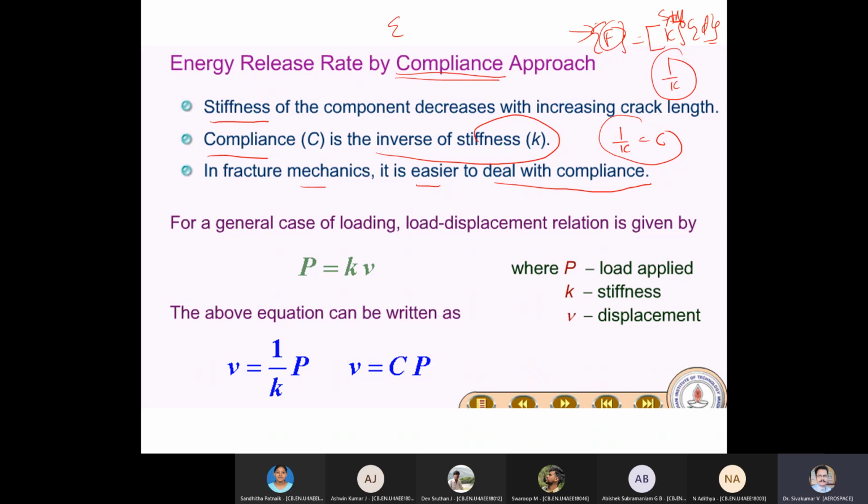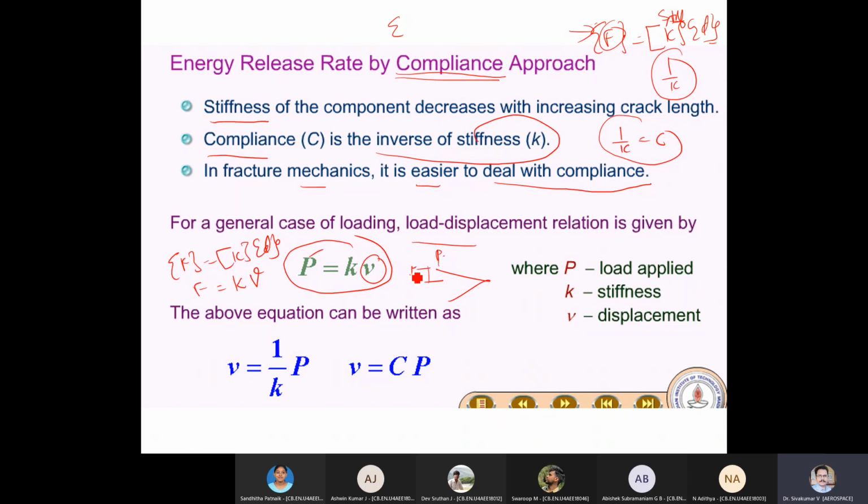Okay, right. In general, this is the equilibrium equation. The load displacement relation is given like this: F is equal to K into D. This is our notation. This is P, and the displacement is V, because this is the Y axis.